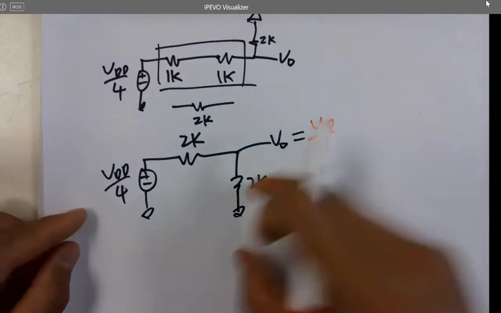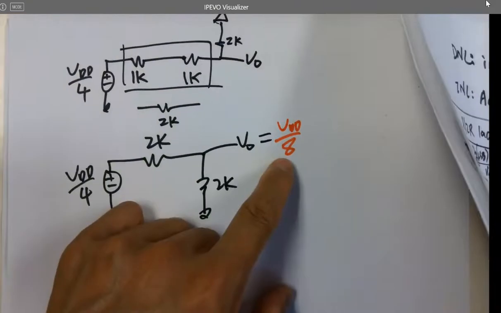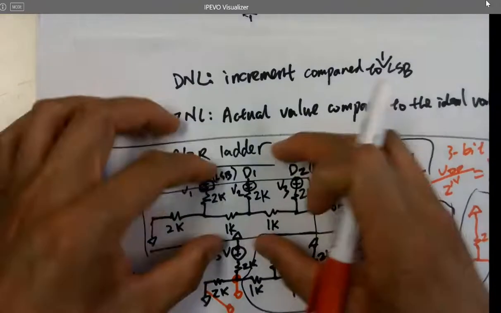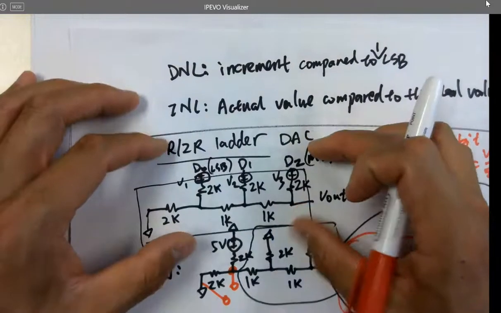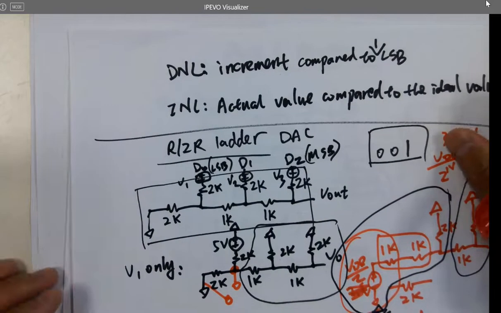But anyway, so the D0 contributes 1 LSB here. So what about D1? If you put them all together, it's a lot of sources, and you have to use mesh and nodes. Sometimes it's confusing people because we are doing a DAC.